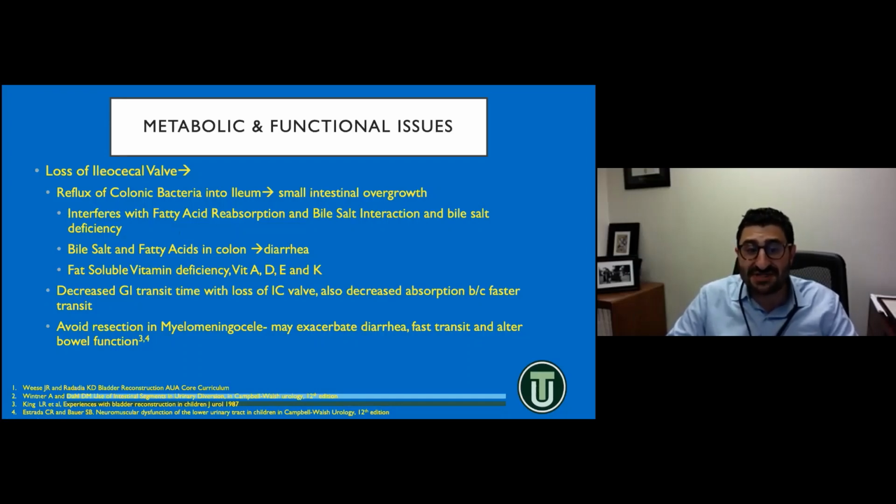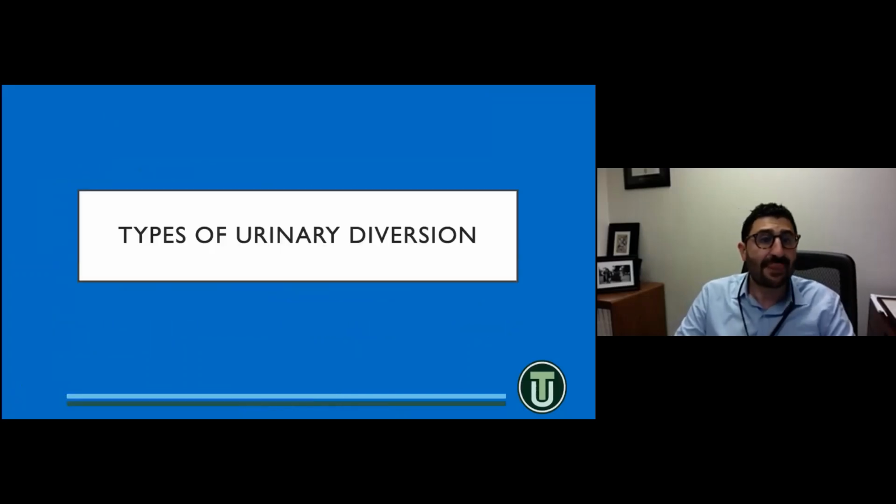So with a faster transit time, you may have impaired absorption of nutrients. You want to try to avoid resecting the ileocecal valve or using the ileocecal valve in your urinary diversion in patients with myelomeningocele, as this may exacerbate diarrhea and fast transit for patients with spina bifida.